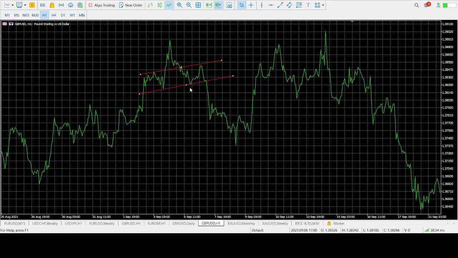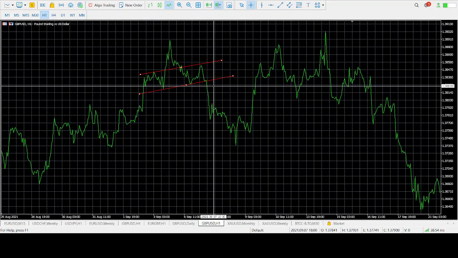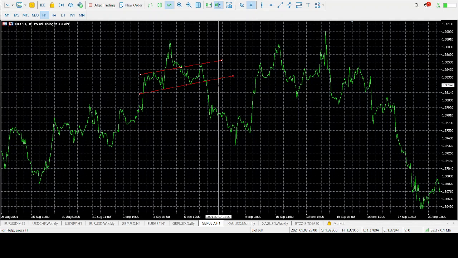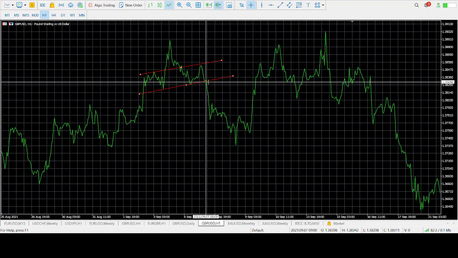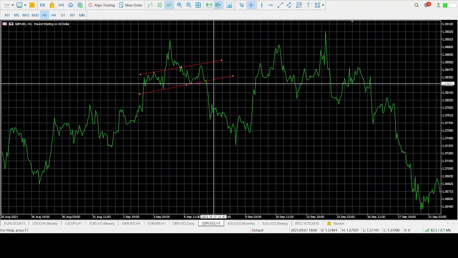So when this pattern emerges, we wait for it to play out. We would enter into position only here, and we have to wait for the pattern to end. And if it ends and breaks out from the neckline support, then it's highly probable it will go down.